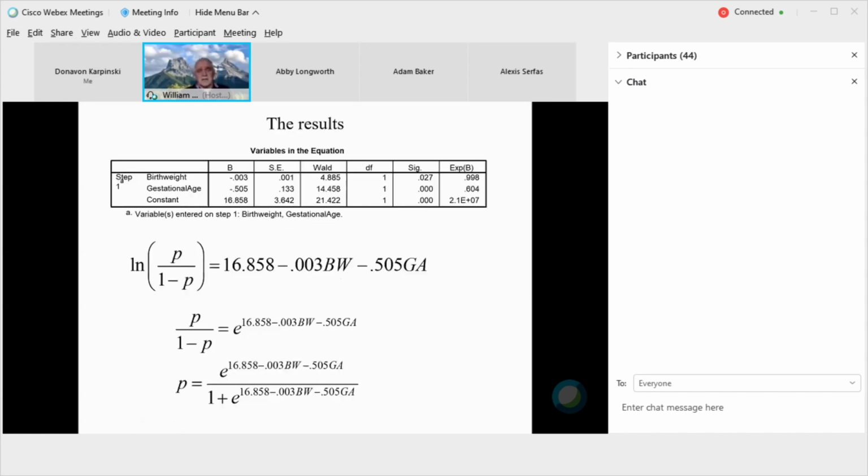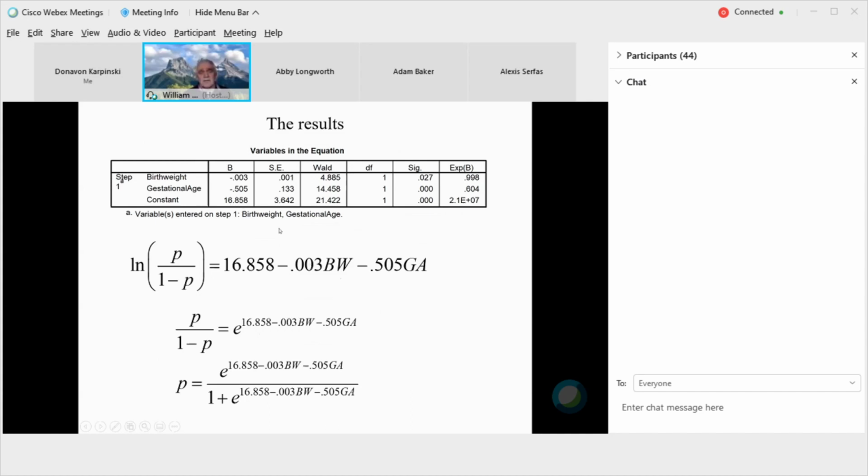There's the results of performing logistic regression, predicting whether it developed BPD from birth weight and gestational age. There's the equation, 16.8528. That's the constant term.